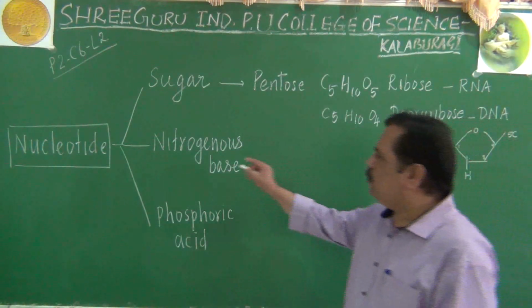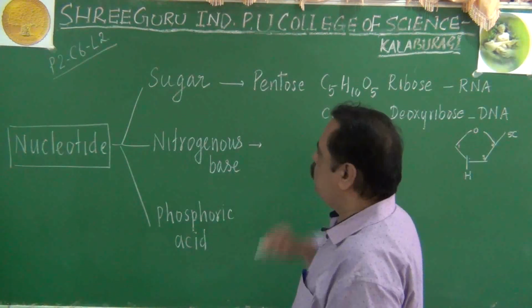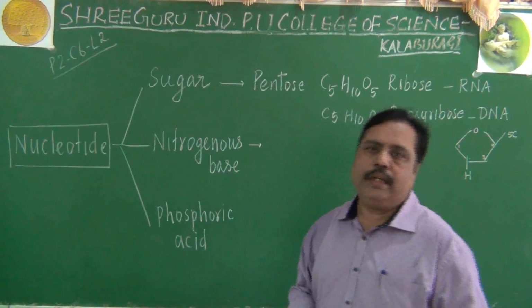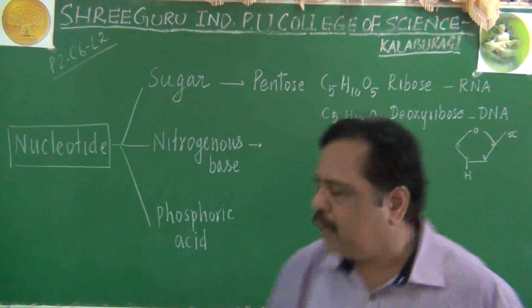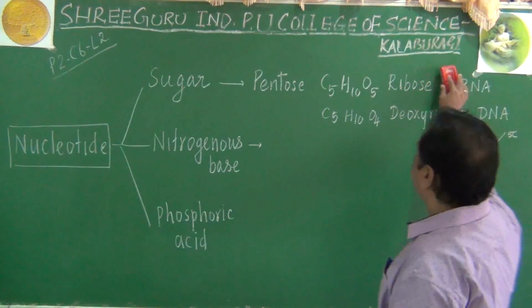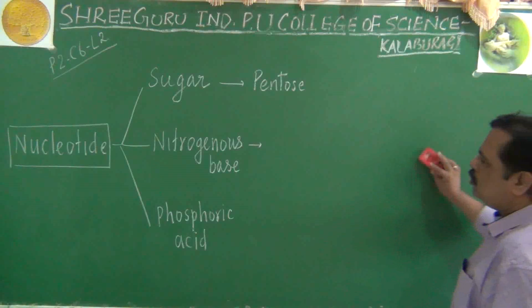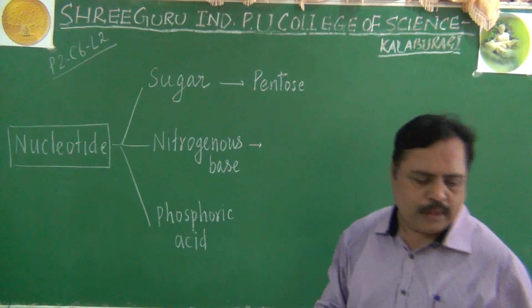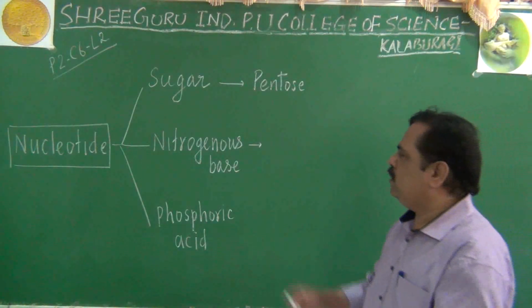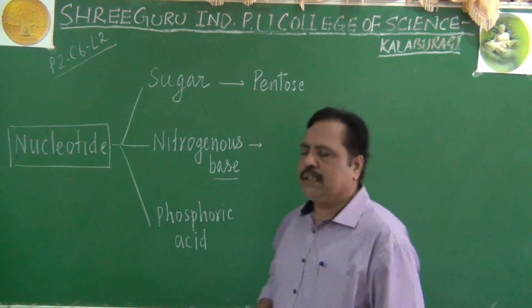Okay. Let me come to the second part of this nucleotide, that is known as nitrogenous bases. An important aspect we have to recall here regarding nitrogenous base. The nitrogen containing component present in a nucleotide will be known as a nitrogenous base.